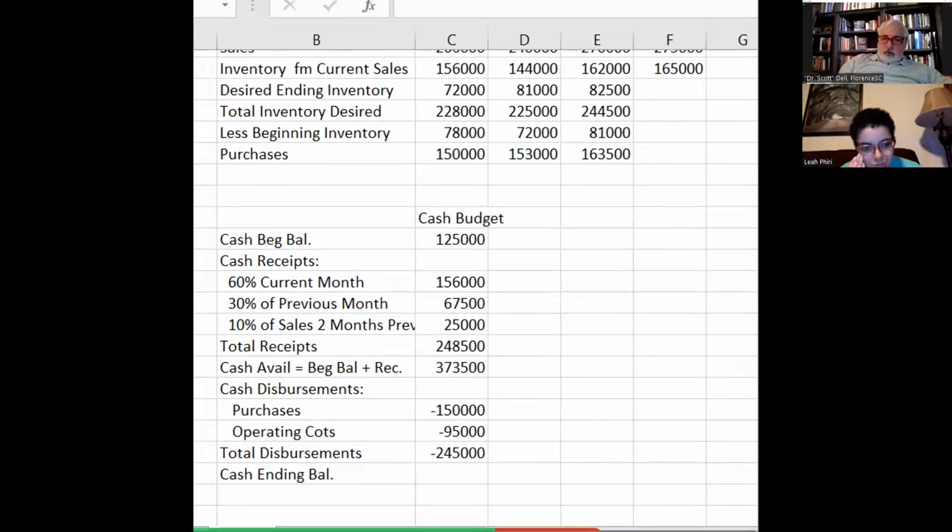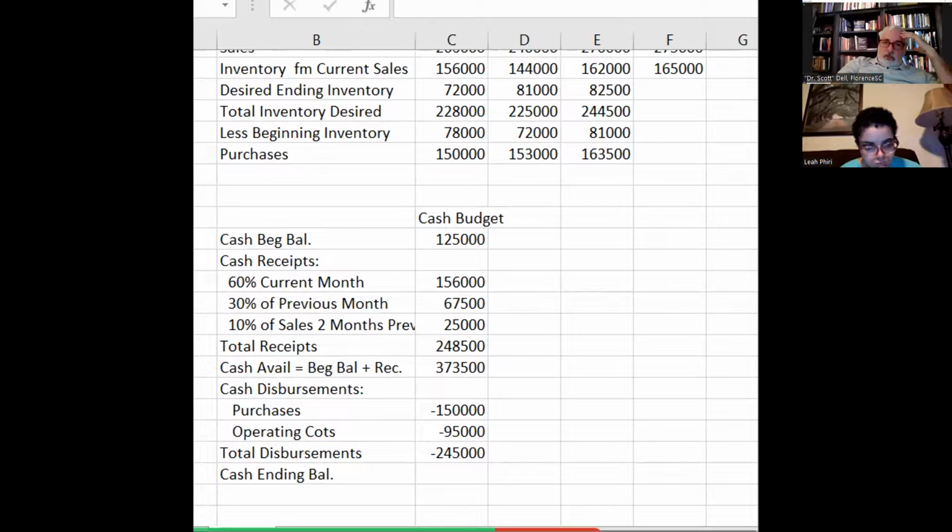That would be cash available minus total disbursements. So we get 128.5 as a total. And now we do the same thing and do the analysis for our 30, 60, 90.